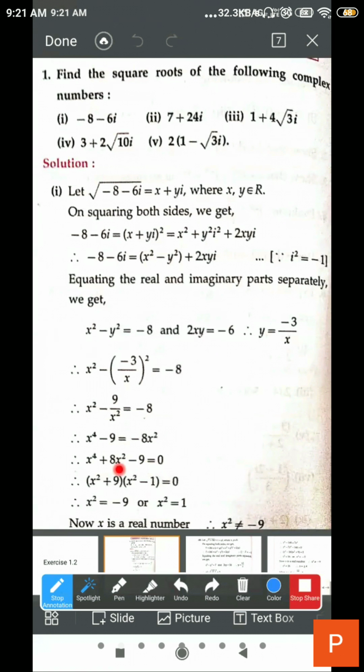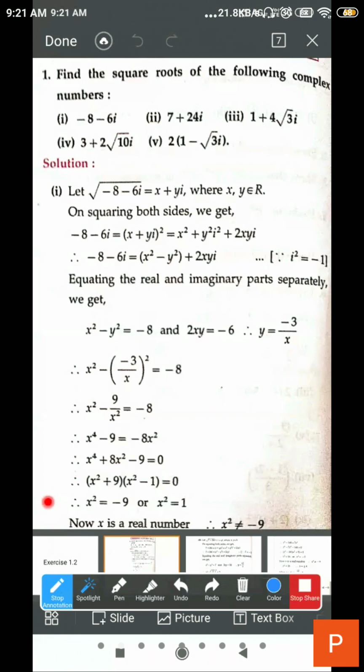Then we can take the factors as plus 9 and minus 1. If you take plus 9 minus 1, it will give you plus 8, and plus 9 into minus 1 multiplication will be minus 9. That's why the factors are coming.